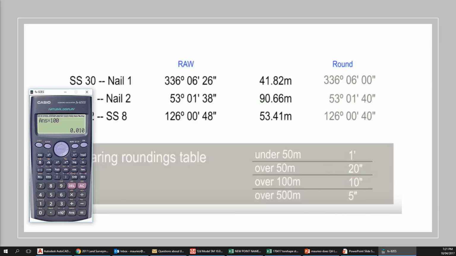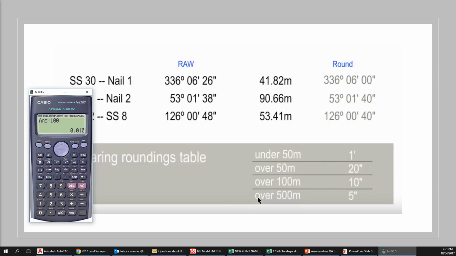So if we round anything between 50 and 100 to the nearest 20 seconds, we're only going to be 10 mils out. So that's similar to 15 mils at 50 to the nearest minute.